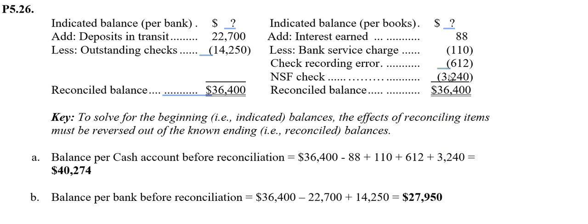And so if you memorize the fact that deposits in transit are always added, and outstanding checks are subtracted from the bank, and then service charges and NSF checks are always subtracted, and then interest earned is always added, the only thing that you're really looking at that's an unknown here is the check recording error.